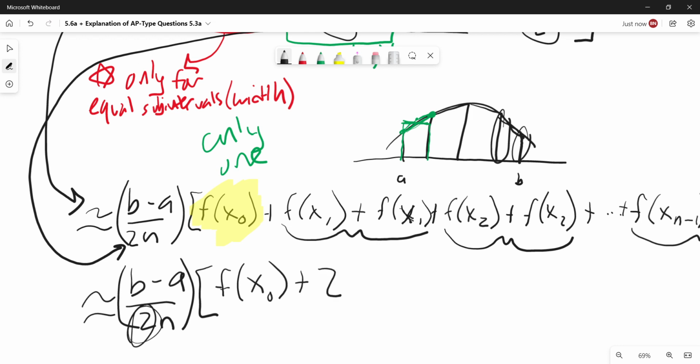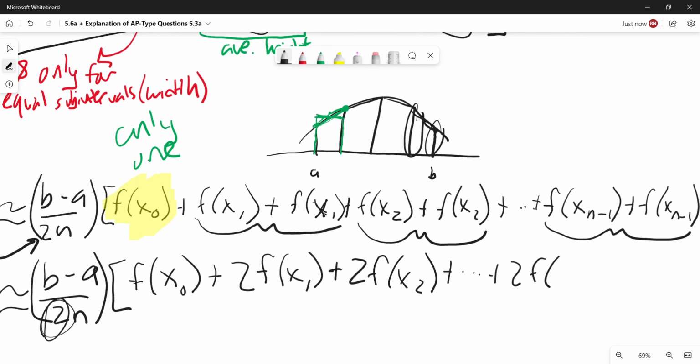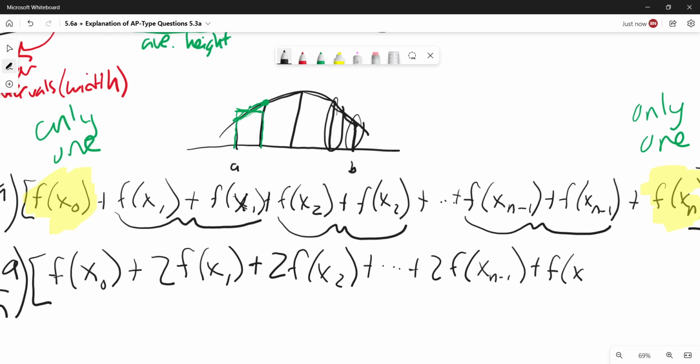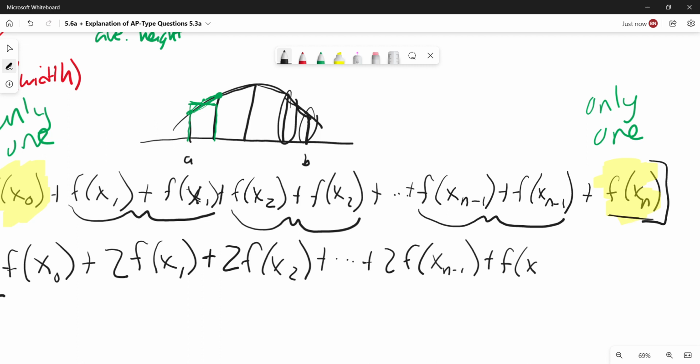But from then on, it's 2 times, because there's 2 of those. f of x sub 1 plus 2 times f of x sub 2 plus dot dot dot plus 2 times f of x sub n minus 1 plus just 1 at the end, because at the very end it's only times 1. f of x sub n.